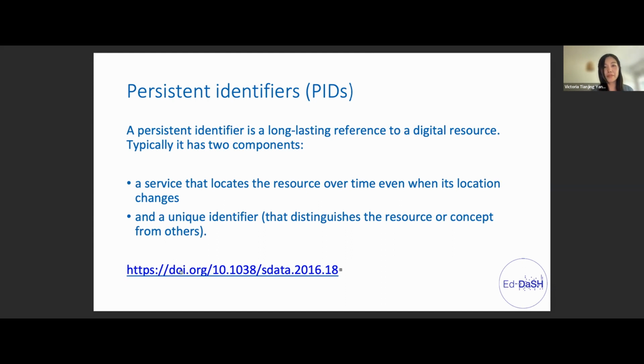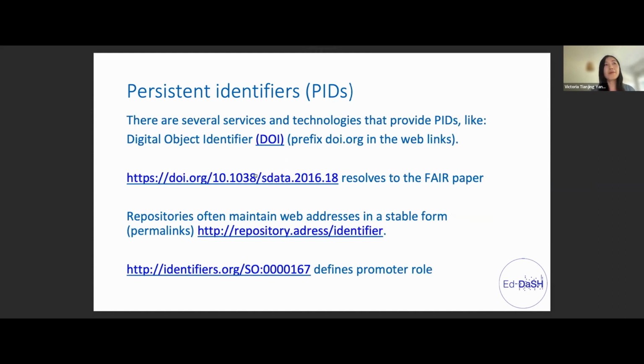One example for a paper is the DOI, digital object identifier, that is specific to a paper. There are several services that provide persistent identifiers like digital object identifiers. This, for example, will lead you to the FAIR paper. And repositories maintain web addresses in a stable form.